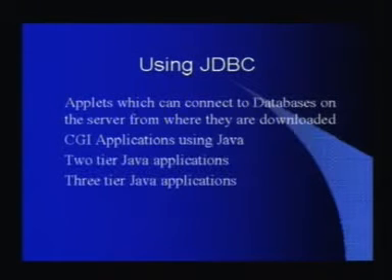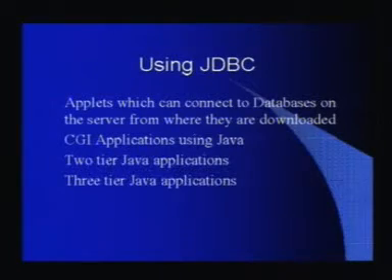The second one is CGI applications using Java. As you know, CGI programming using Perl, C language, C++, etc. is possible. In the case of Java also, CGI programming is possible. So, you can use JDBC even for CGI programming using Java. Next comes 2-tier Java applications, where you have a client and a server.